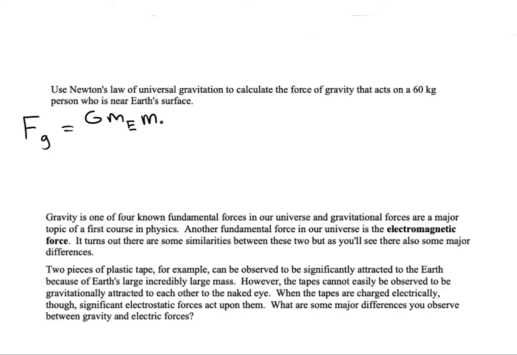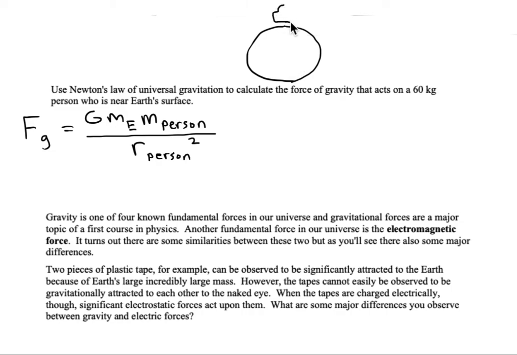I'll multiply that by the mass of the person who's feeling the field. And then we'll divide by the distance between the person and Earth's center. We'll square that. As a drawing, it could look something like this.